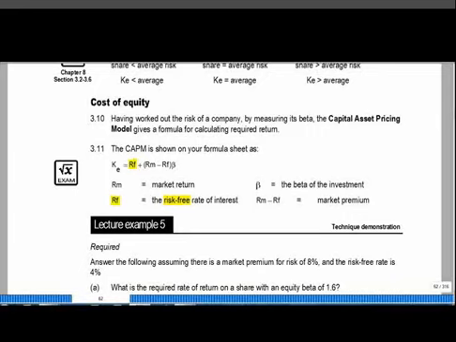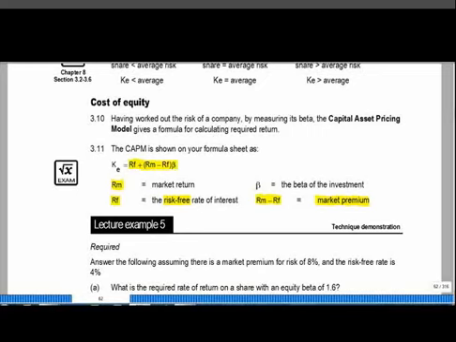So a shareholder will want at least that return, and then on top of that return, they'll want some premium to reflect the risk of holding shares. RM is the market return, and RM minus RF is the risk premium or the market premium. How much premium we want depends on the risk of a particular share, and as we've covered, that is measured by a beta factor.